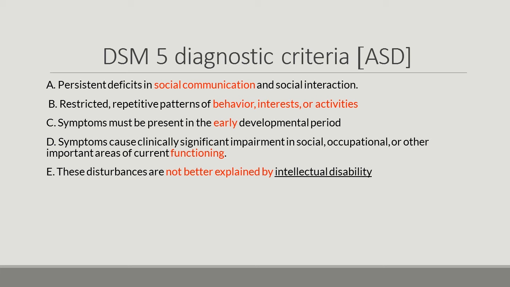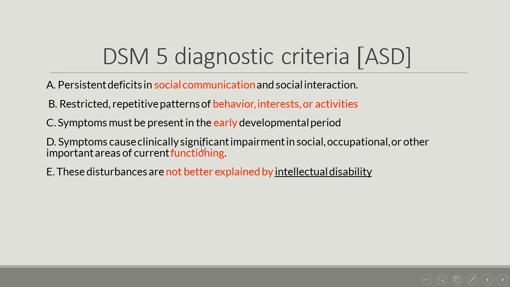So, the DSM-5 diagnostic criteria for autism spectrum disorders require all these five items. At first, deficits in social communication, and restricted, repetitive patterns of behavior, interest, or activities. Symptoms must be present early in the developmental period, as we said in ADHD, but here it is much earlier. Symptoms cause clinically significant impairment.